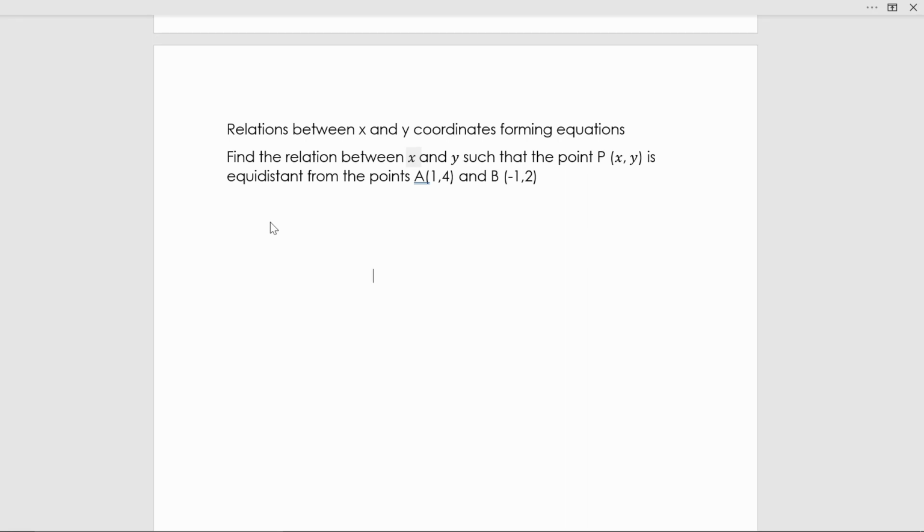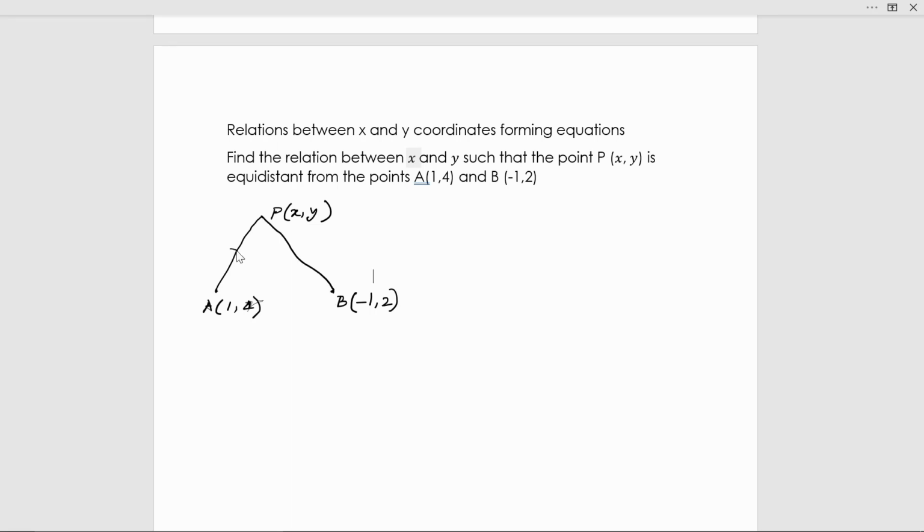First of all, let's see the point P, which is given by x and y, and we have point A, which is given as (1, 4), and we have point B, which is given as (-1, 2), and we can join these two points PA and PB.